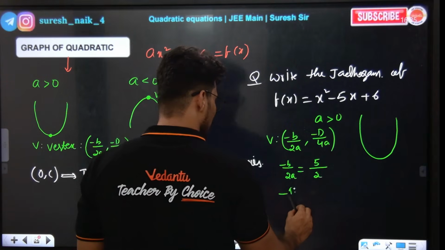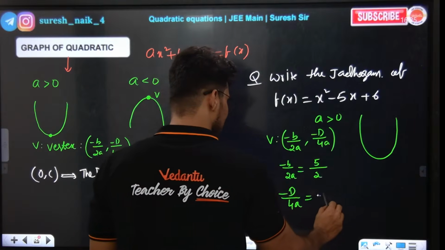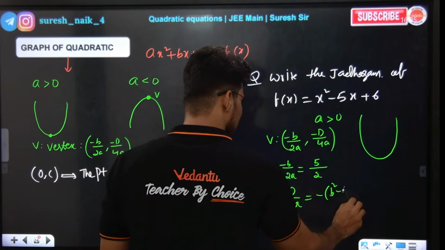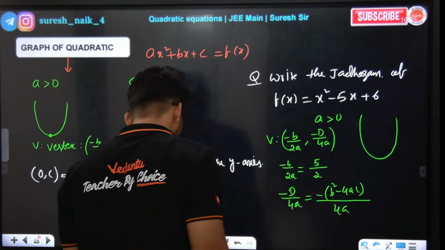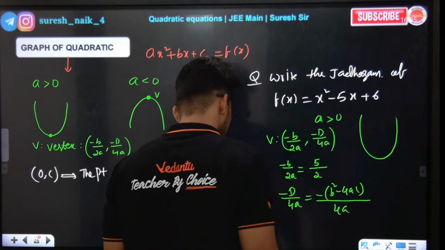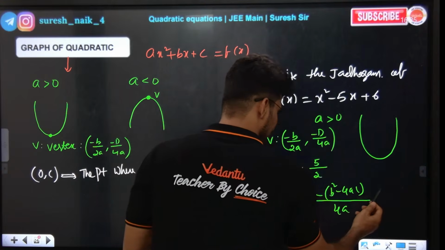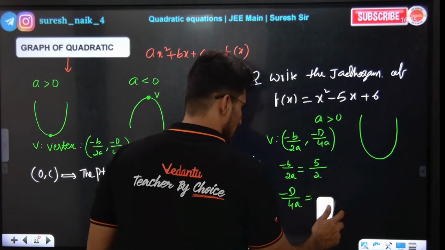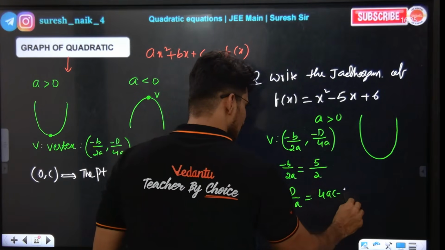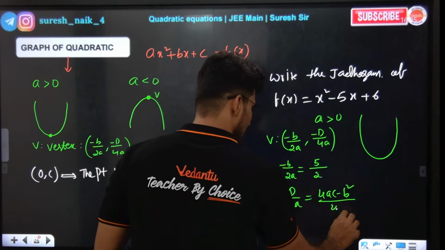Minus D by 4a is minus (b square minus 4ac) divided by 4a. Are you all listening to the class? Yes, sir. If I simplify this, in fact 4ac minus b square will come, divided by 4a.